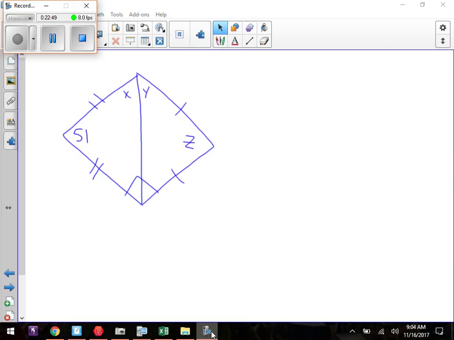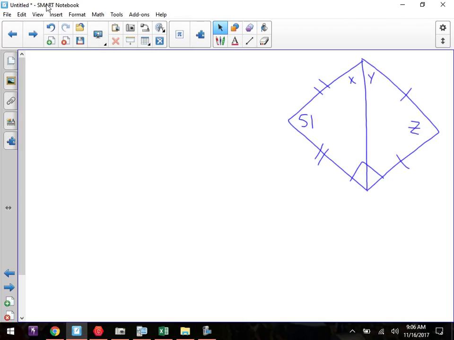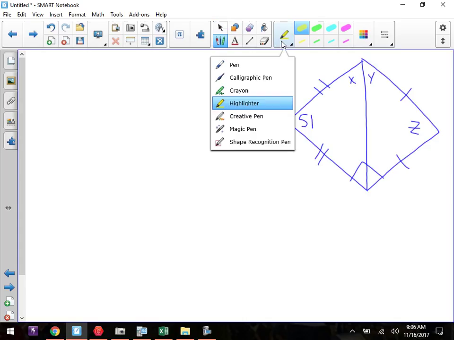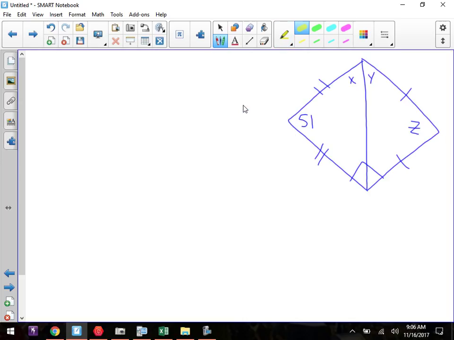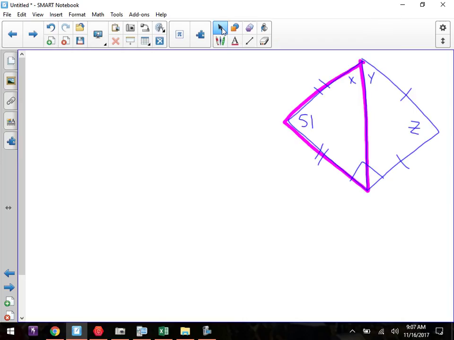So take a second and see if you can figure out what in the world is going on. As I go through this, if I'm looking at this triangle here, what kind of a triangle is that? It's isosceles. 51 is considered the what of the isosceles triangle?